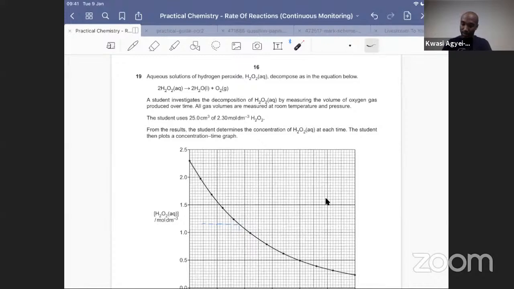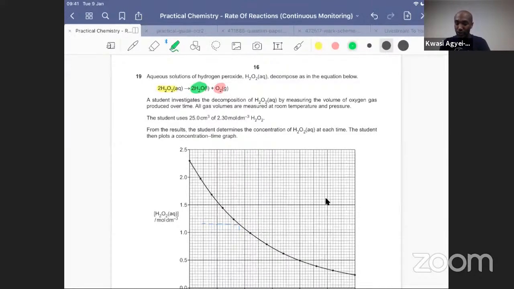So we've got hydrogen peroxide here in yellow decomposing to give us oxygen and water. It says the student investigates the decomposition of hydrogen peroxide by measuring the volume of oxygen gas produced over time, and all gas volumes are measured at room temperature and pressure.